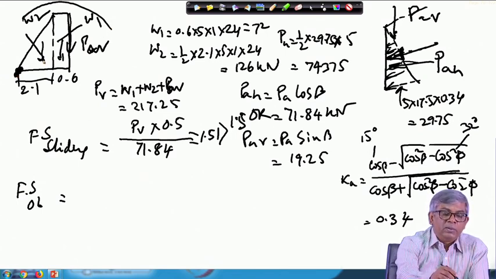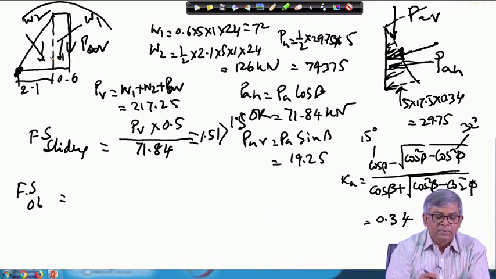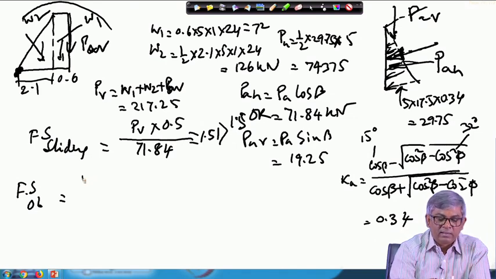Since all the vertical forces act in this direction, they will be resisting forces. So, the factor of safety is the resisting moment MR divided by the overturning moment.